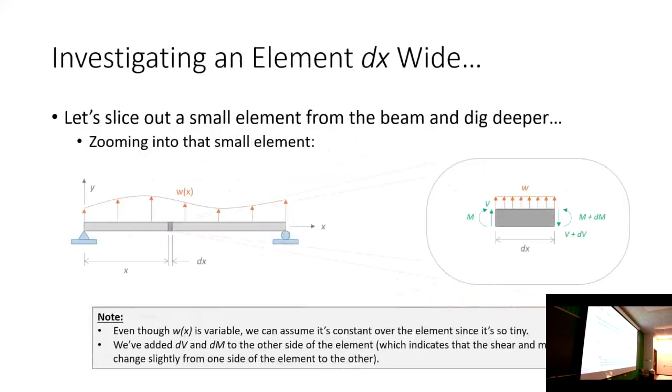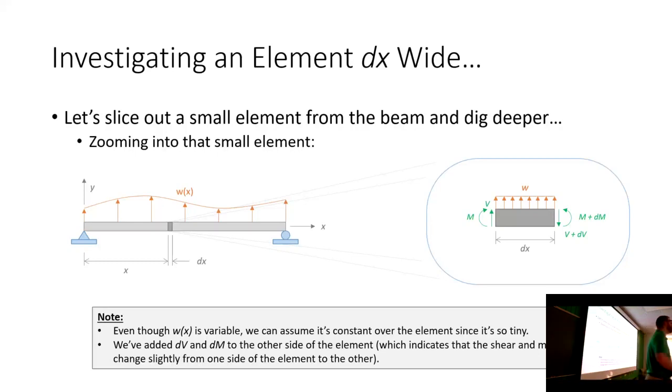Now I'm going to break out my secret weapon, which is a samurai sword again, or a lightsaber if I'm a sci-fi fan. What I'm going to do is cut out a little slice of this element, a slice of width dx. Y'all remember that term dx from calculus? It's infinitesimally small, right? So I've drawn it this wide here, but in reality it's super, super thin.